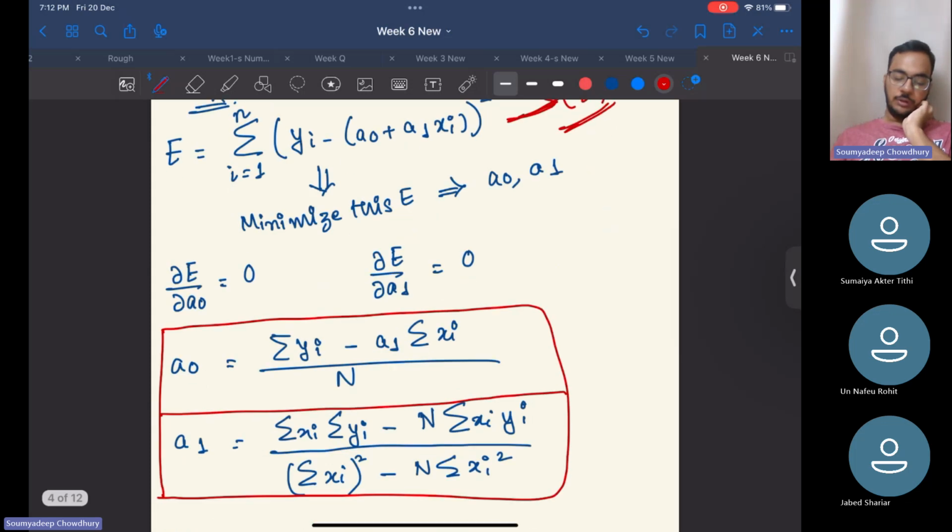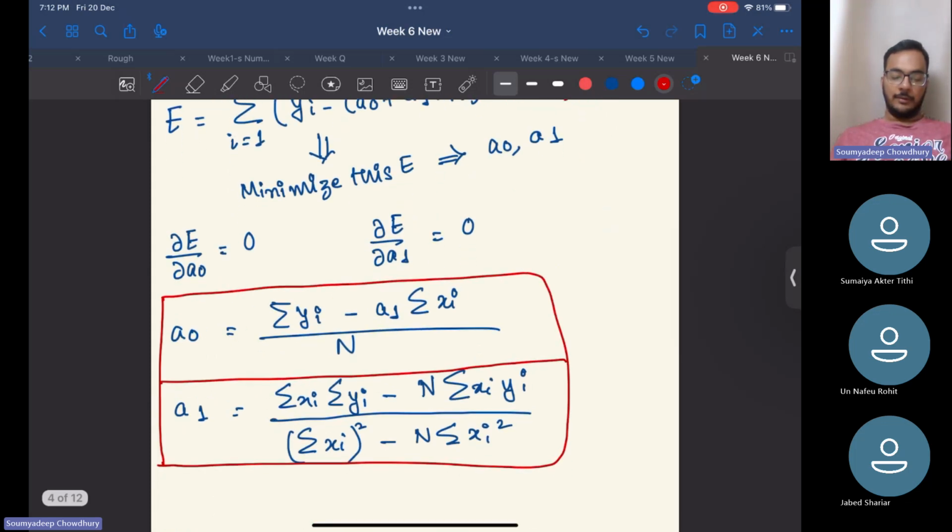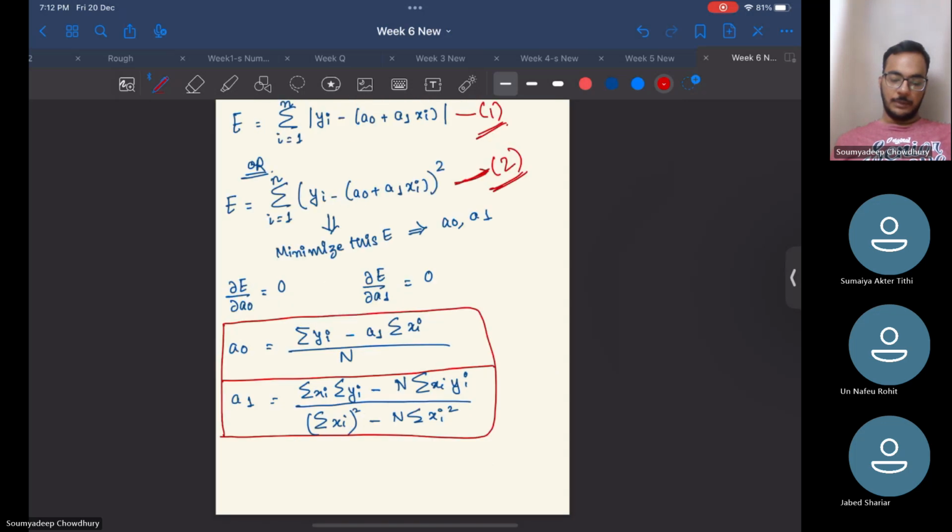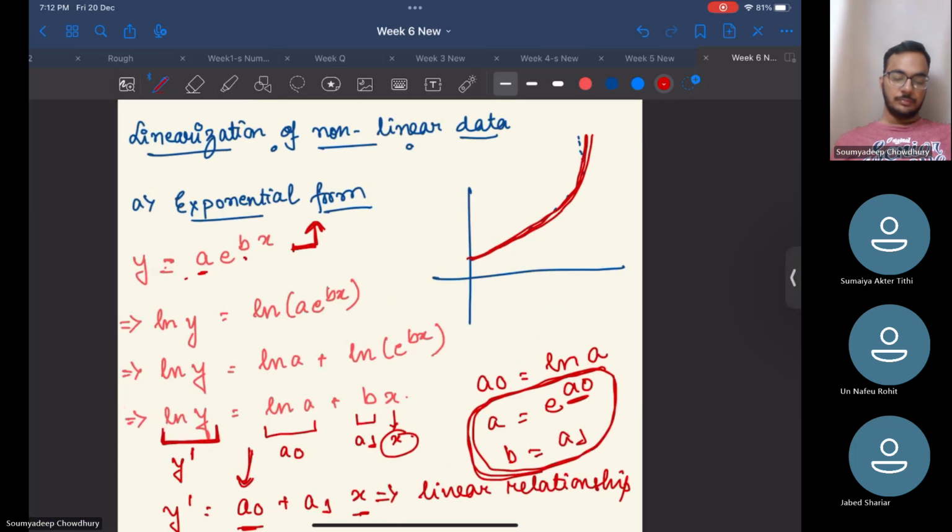to 0. I have not done the derivation here, it will be a long one. If we do this, we will get two formulas for a naught and a1. A naught is the y-intercept of the line and a1 is the slope of the line. It is in terms of the summation of the dependent and the independent variables. I hope this is clear to you.